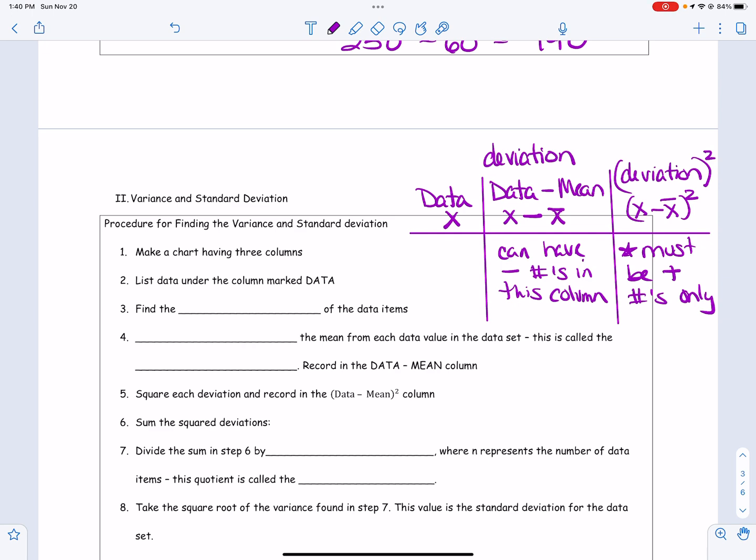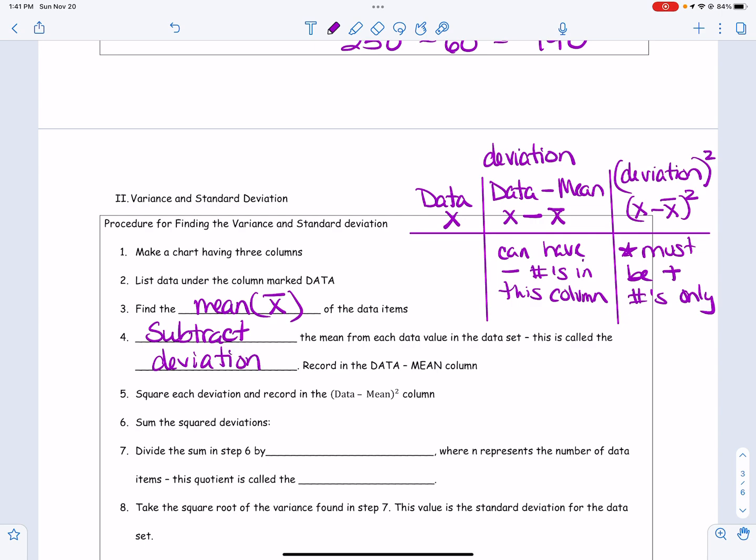So after we create this column, we're going to list the data points. That's step 2, list the data points in the column marked data, and then we're going to find the mean of those numbers, okay? Then we're going to subtract that mean from every data value, and this again is called the deviation.